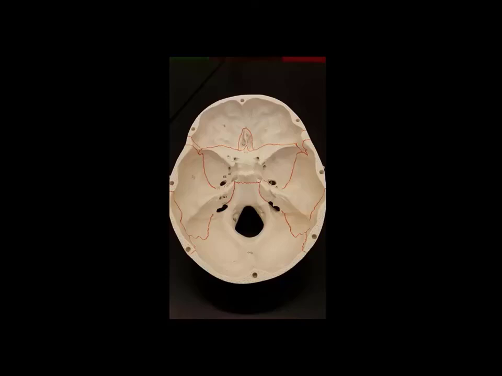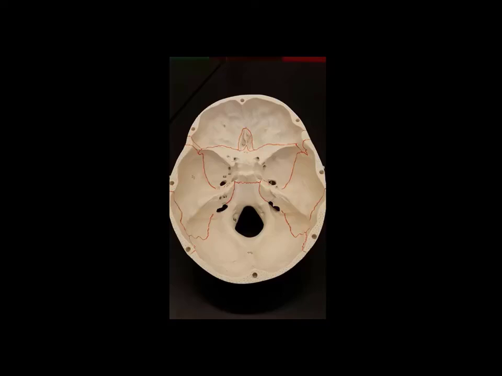And now the last view of the skull. What we've done is we've taken the top portion of the skull off, the skull cap. We've removed that, and we are now looking down into the skull from above. Imagine the skull is facing the top of your screen.